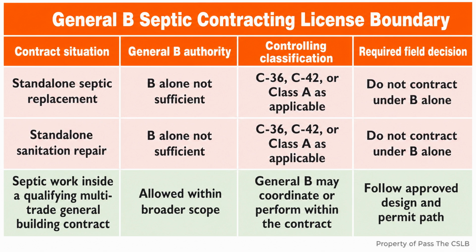I put the licensing boundary into a simple comparison table because one question clears up most of the confusion. Is septic work one component of a qualifying multi-trade building contract, or is septic the entire contract? When septic is the entire contract, the specialty classification controls. When septic is one component of the broader qualifying job, the General B contractor can coordinate it within that job.